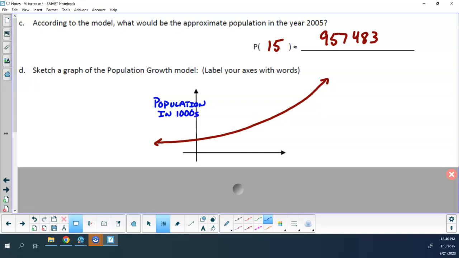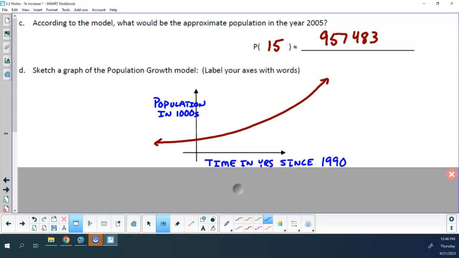Down here, I would say this is time in years since 1990. How do I know what to put? Because that's literally what we graphed, because that's how we described our variables way back.